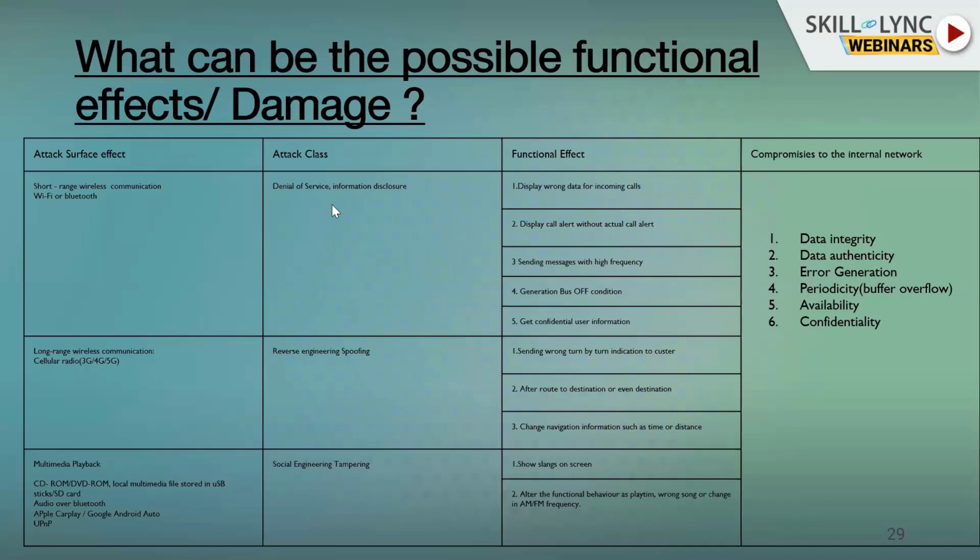And by the attack class, we also try to understand whether this attack is actually feasible, what level of knowledge the attacker needs to perform this attack, and how easy it is to perform. If the attack is easily performed, the feasibility rating will be high. With this feasibility rating and the impact rating, the risk is determined. If you have a high feasibility rating and high impact rating, you have high risk.